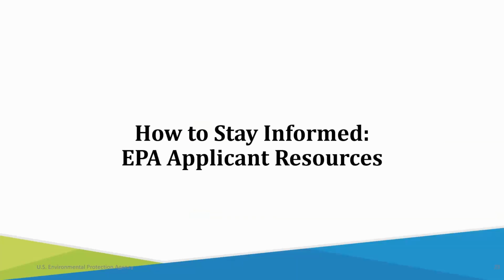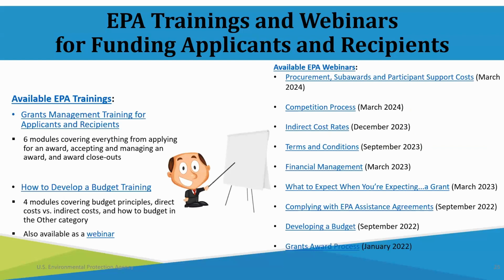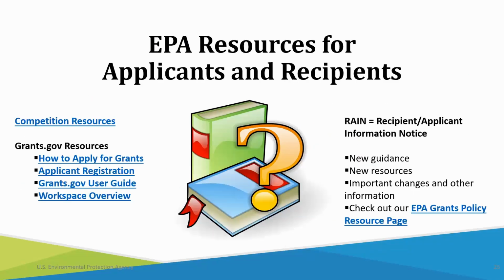So now let's talk about how to stay informed. On this slide is a link to an EPA grants listserv. This is an email that will provide you with all sorts of grants-related information, such as new guidance, new trainings and webinars that are posted online, changes to grants requirements. So you can sign up for that email. You have these resources that I listed on the earlier slide.